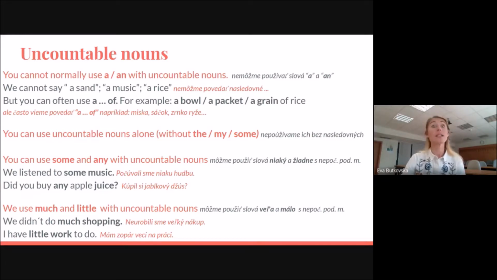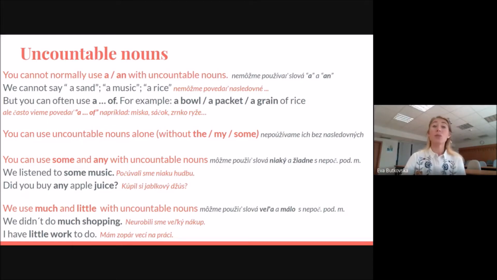So there is no a sand or a music or a rice. But we often use the phrase a bowl of rice, for example, or a packet of rice, or a grain of rice, or glass of milk, or jar of mustard. So think about it. When you want to learn uncountable nouns properly, you really need to learn these words that go with uncountable nouns. So think about those.